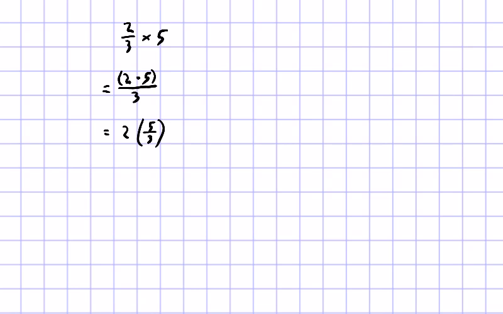The important thing here is to realize that this could be written as 2 times 1/3 times 5, and we can apply the commutative property of multiplication and do this several different ways. Okay, so the second way down here would be taking the 2 times the 5 first and then dividing by the 3, so we have switched the order and associated things differently.